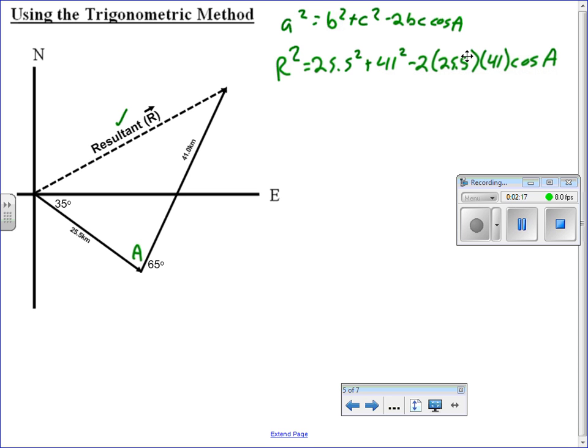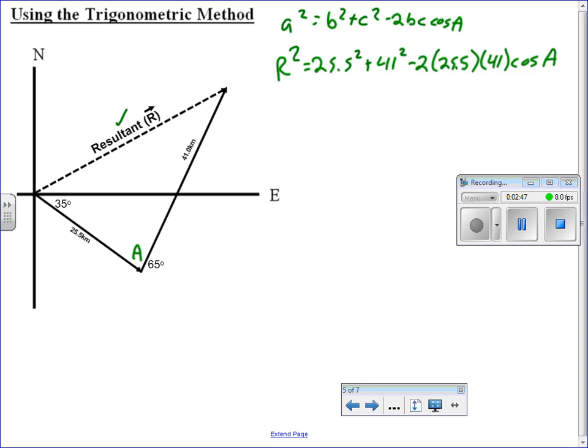Now, the problem we have is we don't know what A is yet. However, using angle rules, if you have 2 parallel lines and a line running through them, there are a lot of similar angles here. This angle and this angle are the same, as well as this angle and this angle. And these 2 angles are the same, and the same as those 2 angles. So there are ways to figure out what these angles are.